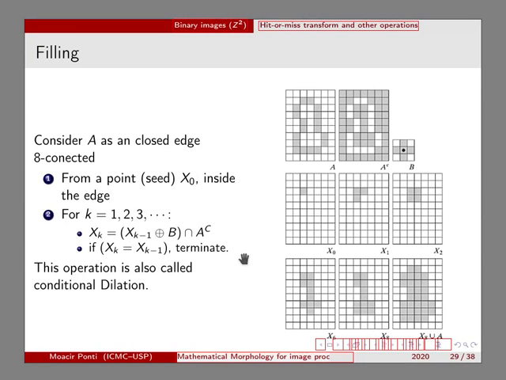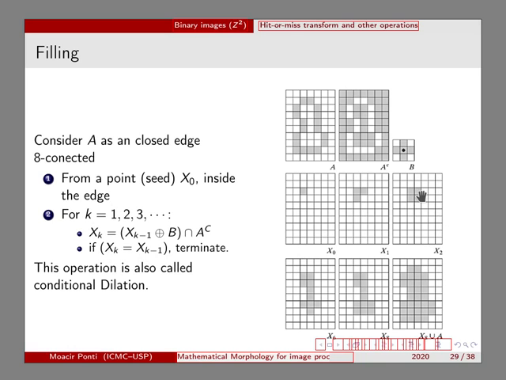If we don't have any changes, we can just terminate the algorithm. But if 2 subsequent steps are not the same, then we do it again.